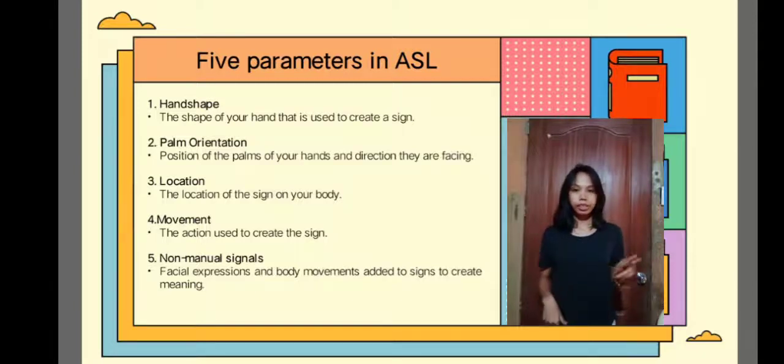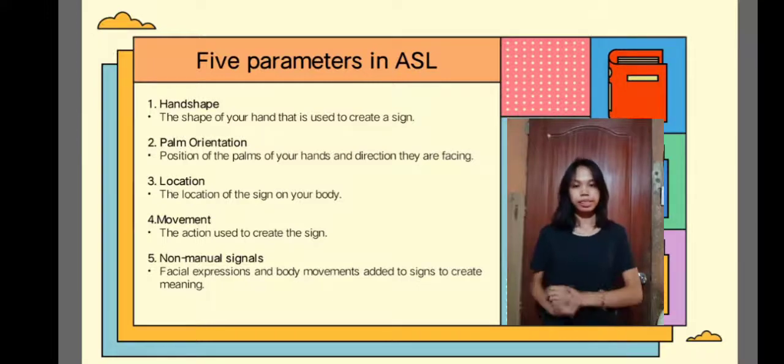And this is the sign for hurry. As you observe, the hand shape is the same, but there is a movement, as you can see, in history and hard of hearing, from this to this, and hurry is like that.